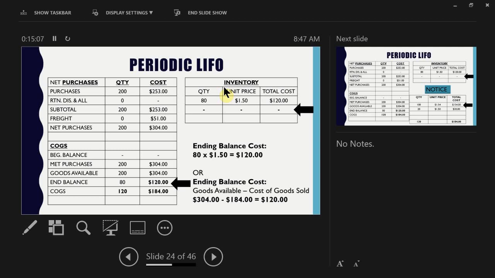Or you could simply take what you know and subtract it. If you know you only have $304 in goods available and you sold exactly $184, you can subtract the cost of goods sold from the goods available to get your $120.